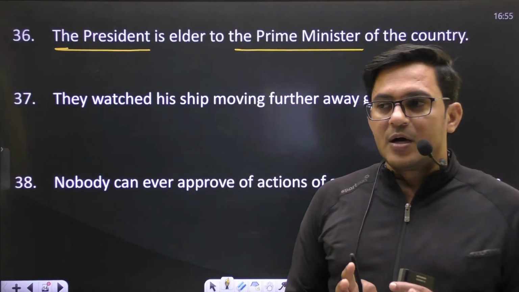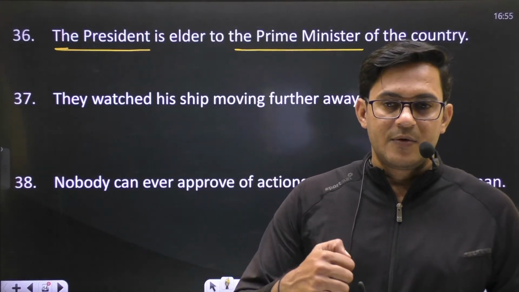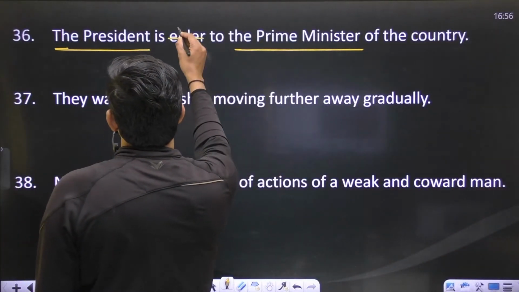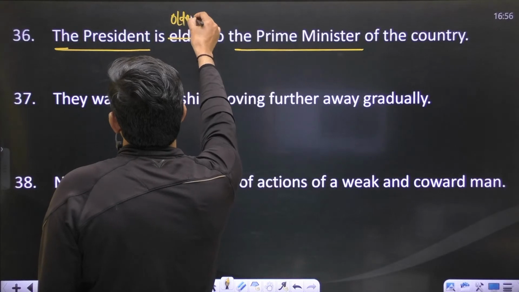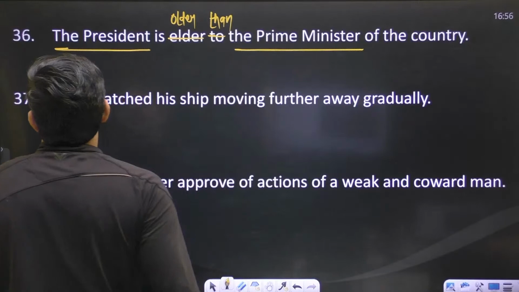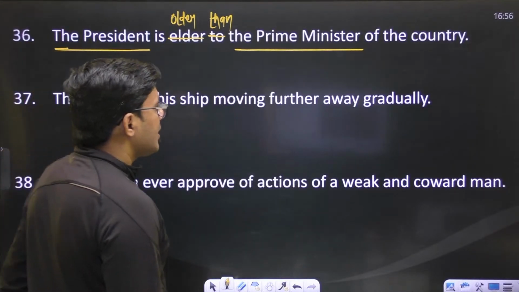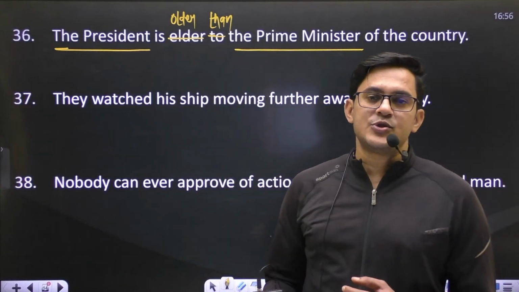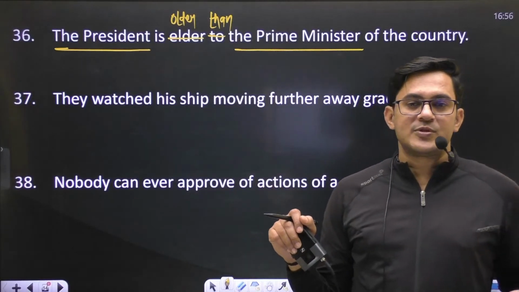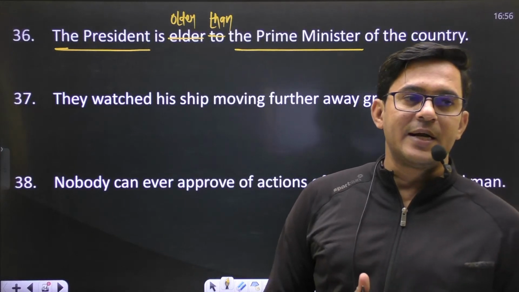But whenever you talk in the context of age, in that particular situation, we use the adjective older, and this word older demands a conjunction then. The sentence will be like, the president is older than the prime minister of the country. But when there is blood relation, or any case of siblings, in that situation we use elder. I think you are getting my point.